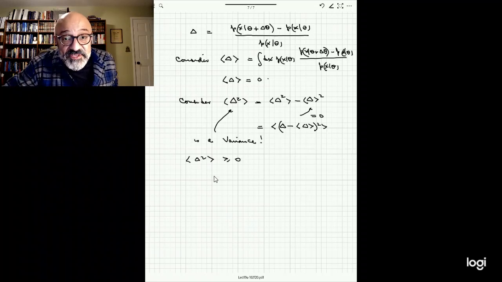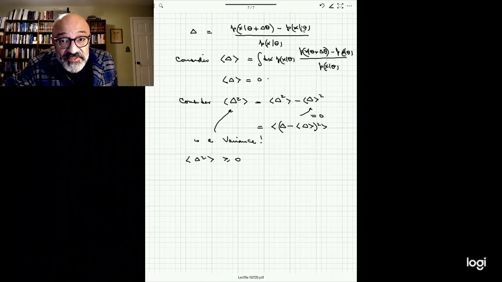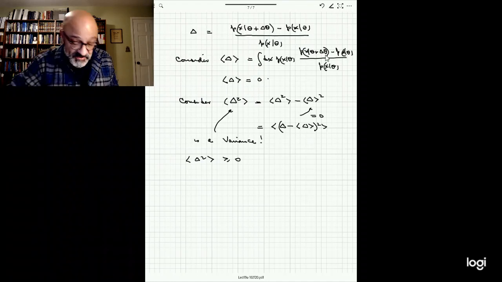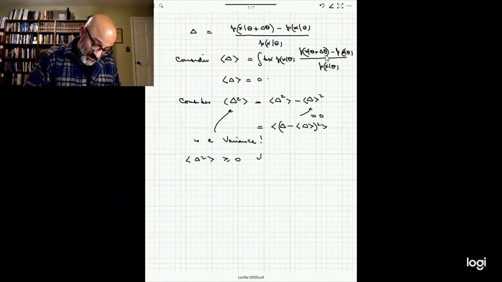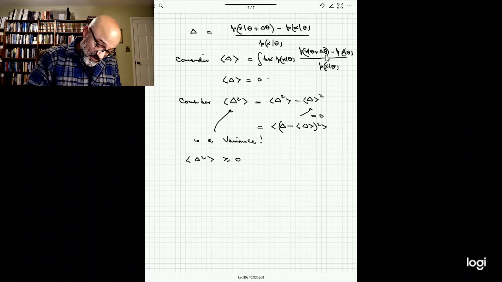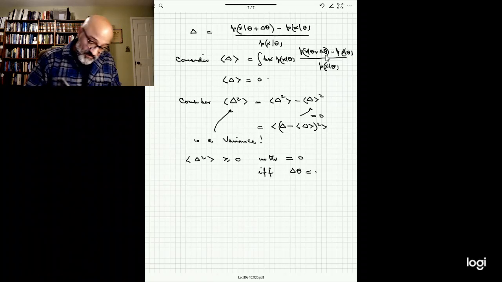Being positive, and actually you can also see that when the delta theta is 0, this quantity here is 0. It's positive and it's equal to 0 if and only if the delta thetas vanish.